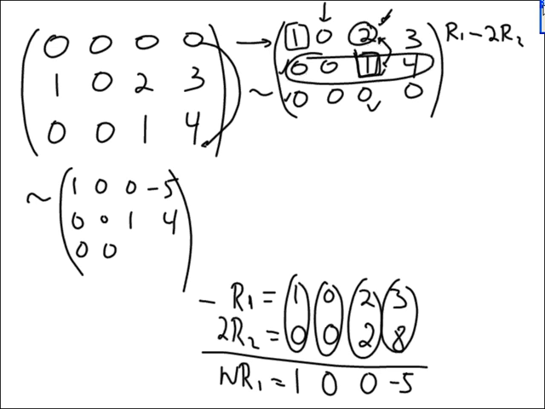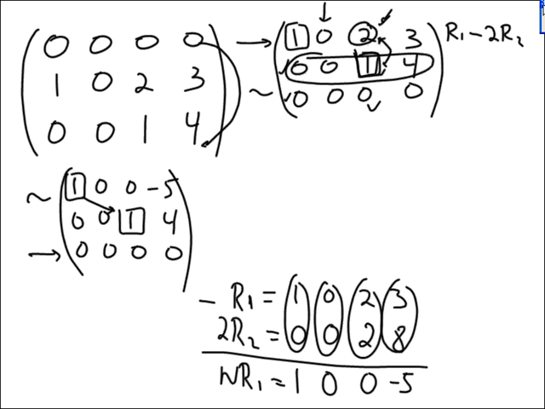And row 3 is the row of zeros. This matrix is in RREF form. The row of zeros is on the bottom. In row 1 and row 2, I circled the first non-zero entries, and they are all ones, and they go to the right as I go down in rows.